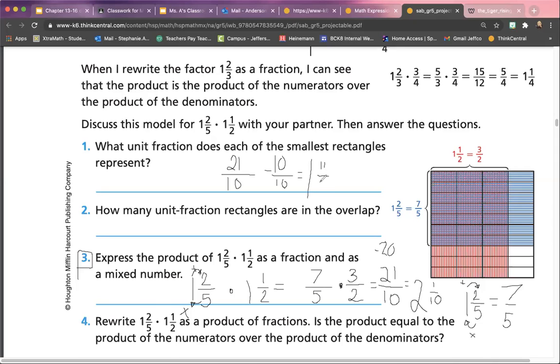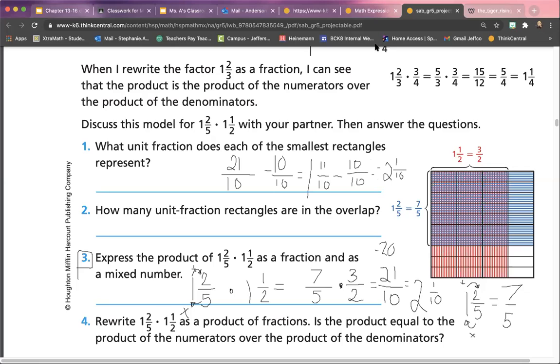Okay, that looks really weird, right? Take away another 10/10, because that's another whole. I'm now left with 2 and 1/10. How's that sound? Can I go any smaller? 1/10 is stuck. That's it.